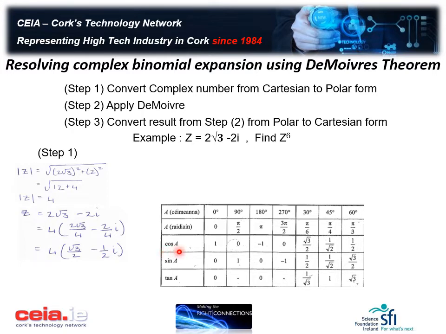Look along the cosine row for root 3 over 2. We've got it here, and sine 1 over 2. So we have an angle pi over 6 whose cosine is plus root 3 over 2 and whose sine is plus 1 over 2.